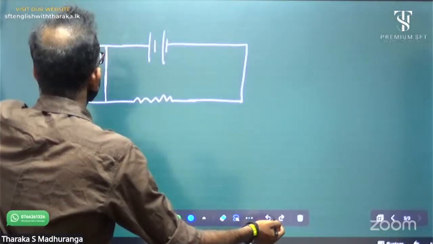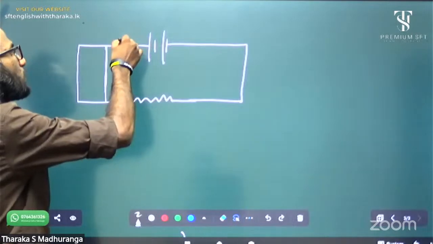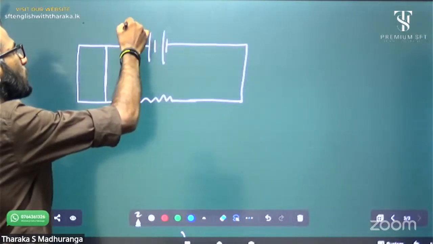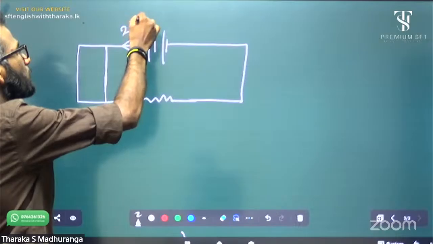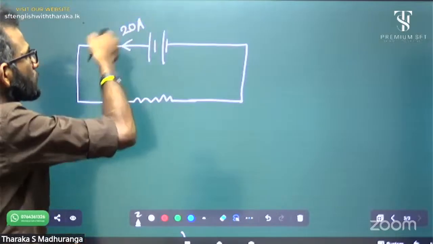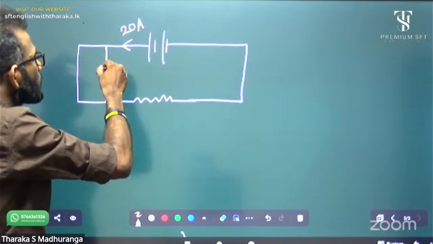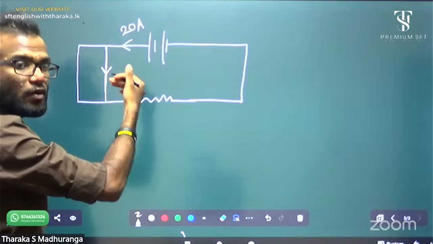However, what is Kirchhoff's first law? The sum of electric current flowing into a junction. Think 20 ampere flowing into this junction. It is equal to the sum of electric current leaving out from the junction.